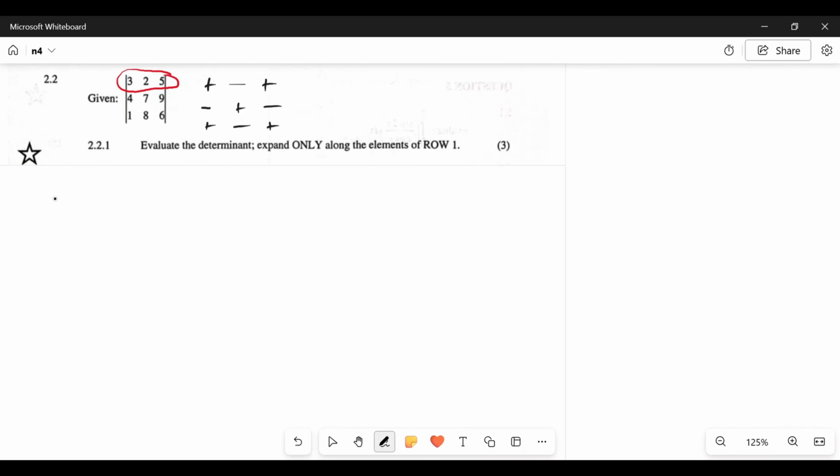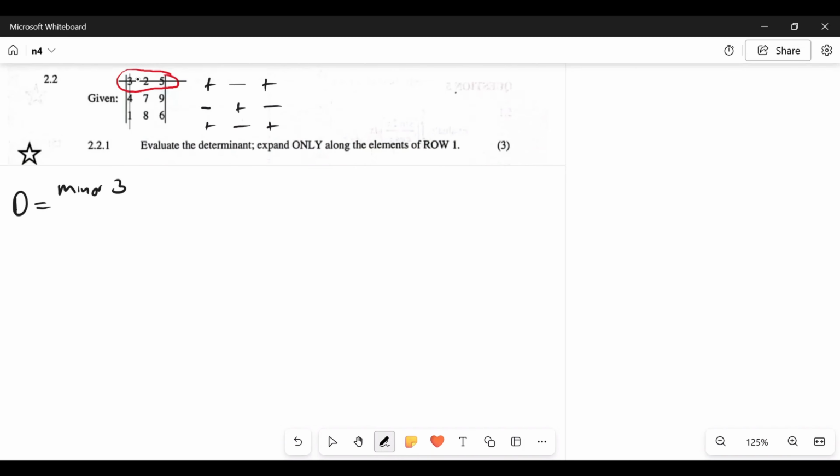So let's start. If you calculate the determinant, first you have to select from row 1 as your minor. So when we have the minor of 3, meaning we're going to cancel the row at which 3 is and the column at which 3 is.